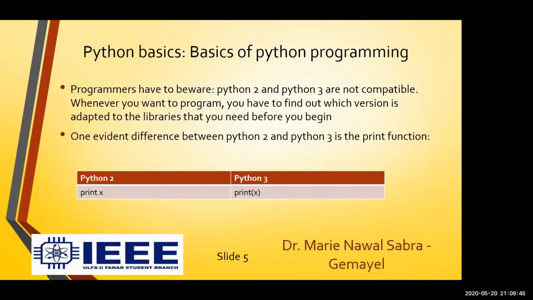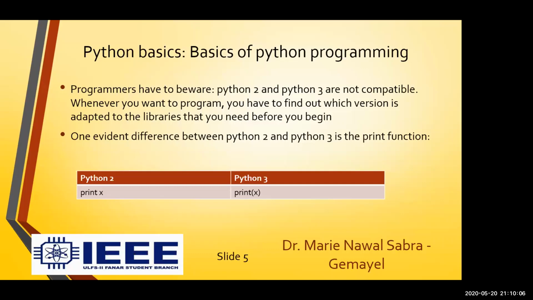So you have to know which Python you need to use, and then you are going to create either an environment that we are going to see next session, or you download the Python version that you need, and then you download the libraries within this, or else your program will not function well, it will not work.